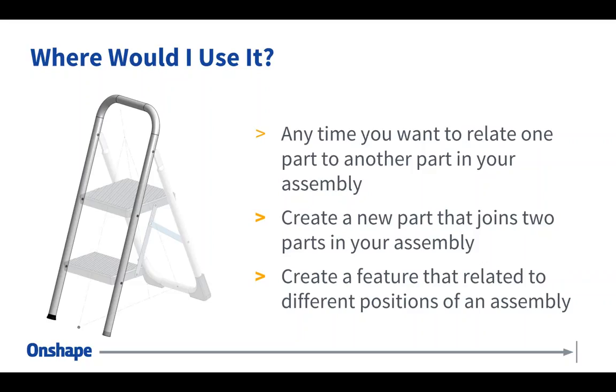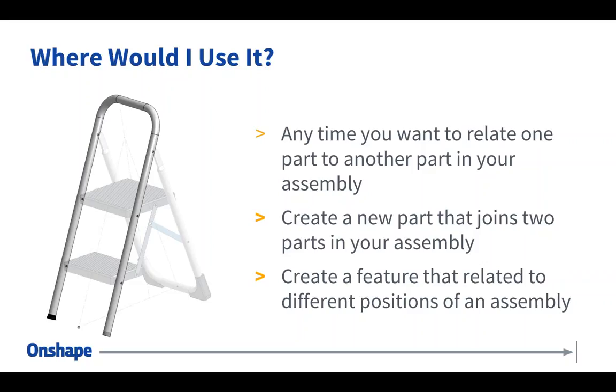The example I have is that folding step stool that you see. Open and closed positions are going to need certain features, certain cuts to the geometry to match those open and closed positions. So it's very easy using in-context to go to that position, create a context, and then actually get geometry from it. And it's a useful way to design.